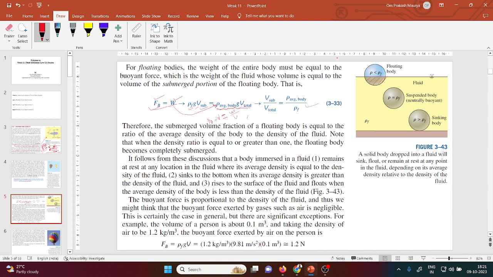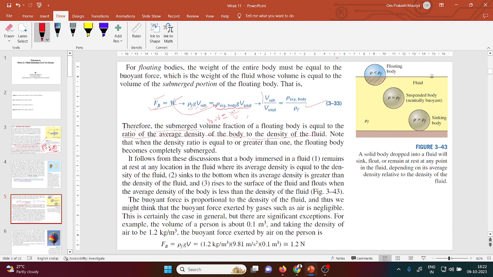So what is meant here is written: therefore, the submerged volume fraction of a floating body is equal to the ratio of the average density of the body to the density of fluid.